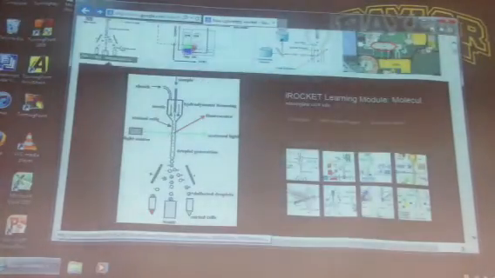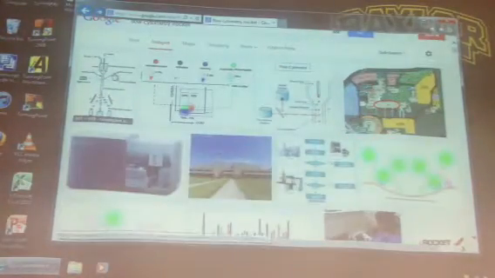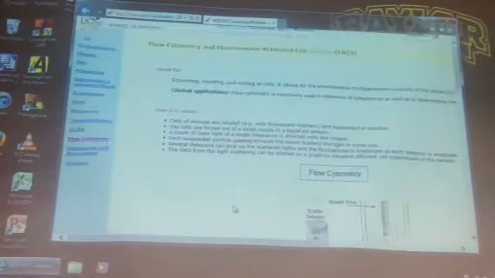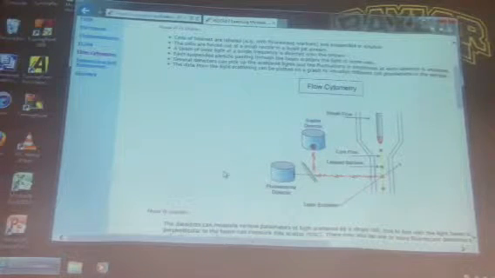Oops, I don't want to do that. I want to go over here. Visit page. Okay, so you could go to the UCSF website, and they give you a very nice explanation of how flow cytometry works.